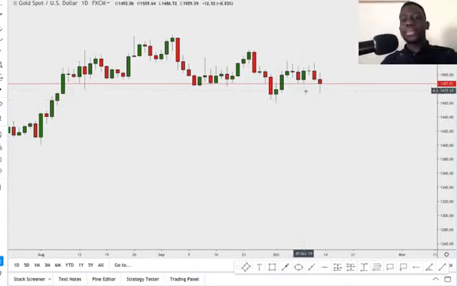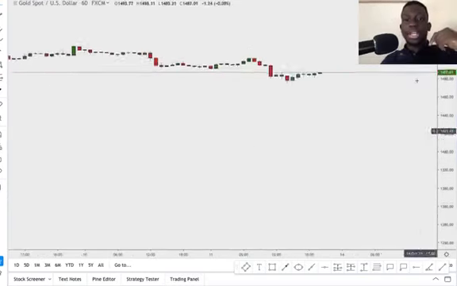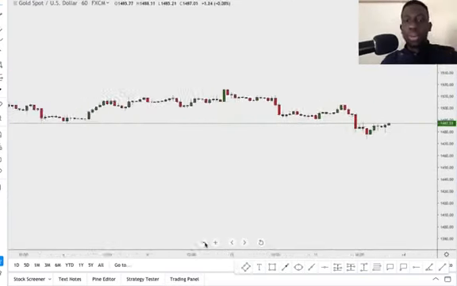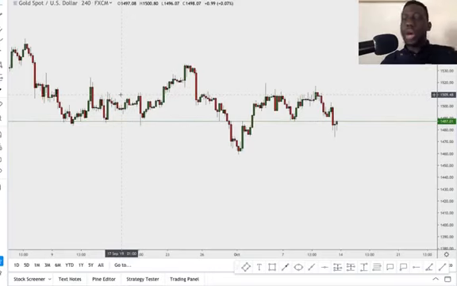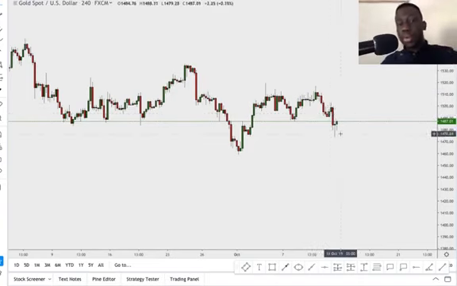Because each candle represents 24 hours of trading, that means if I went to a 1 hour time frame like here, one daily candle equals 24 of these 1 hour candles. Same thing with the 4 hour time frame. There are 24 hours in a day, so I would need 1 2 3 4 5 6 candles of a 4 hour to represent one day.